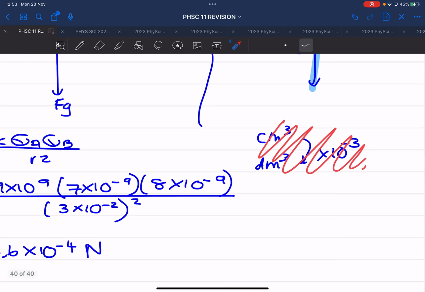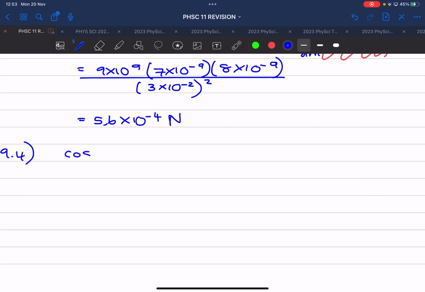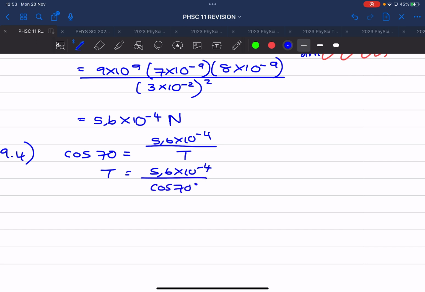Cos adjacent over hypotenuse. Okay. So this cos van 70, you can also use the sin of 20, doesn't matter, is 5.6 times 10 to the power negative 4 over T. En ek kry 1,64 maal 10 to the mag minus 3 newtons. Kry julle dit ook?